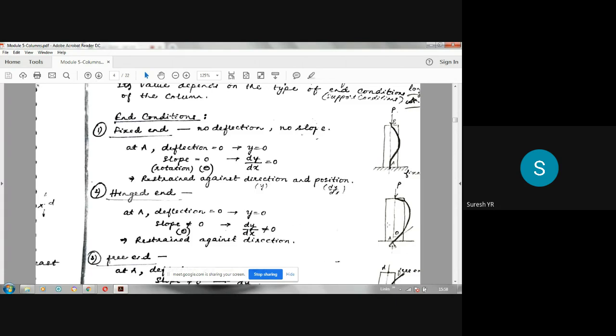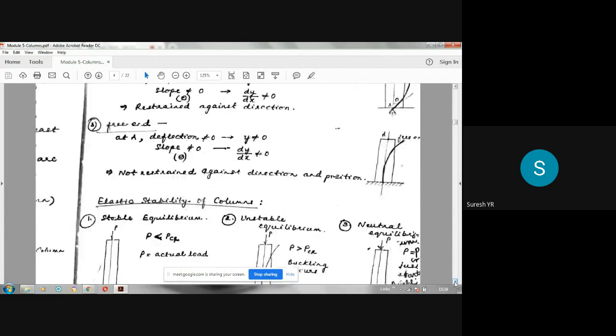That is the condition. So in this case, it is restrained against direction only, because there is no deflection, but it is free against position. So it can rotate, but it cannot translate. Translation means deflection. These are the technical words.